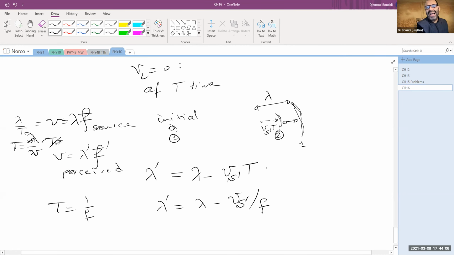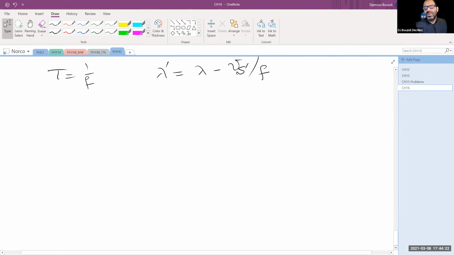So this expression, the way I see it, is actually lambda minus Vs times T, and T is equal to lambda over v. So we have enough equations to work the expression in terms of lambda.